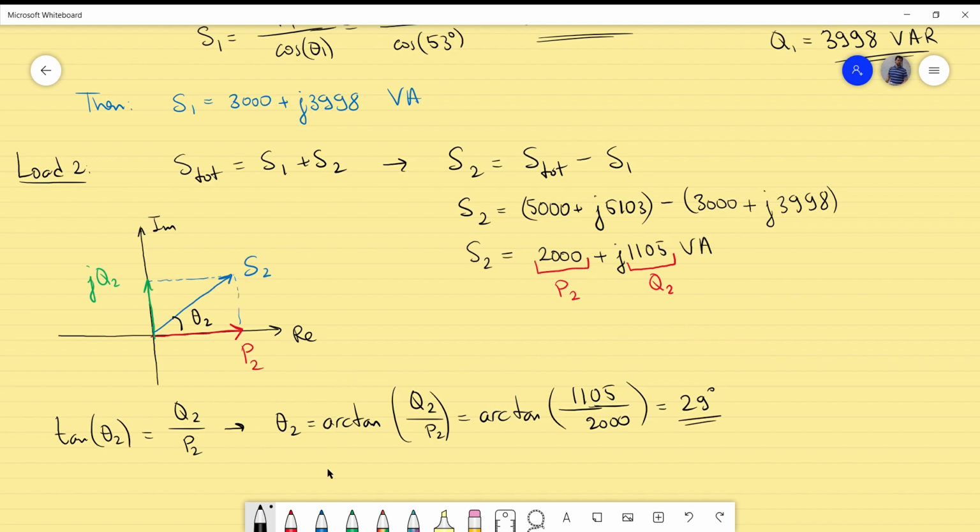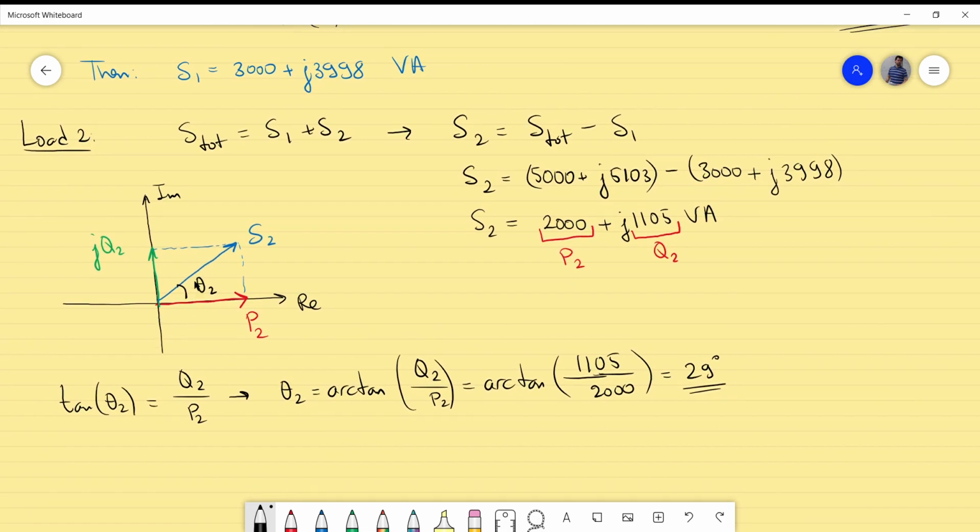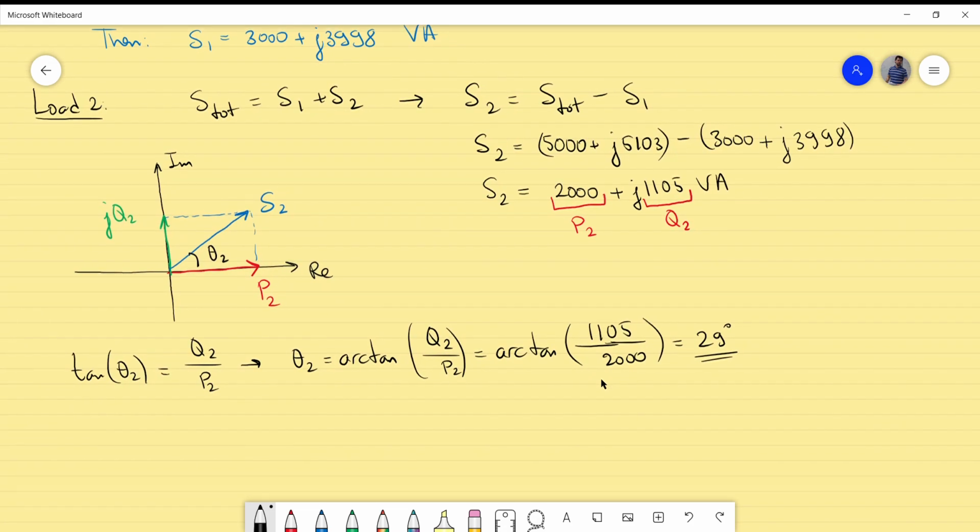Now comes the power factor itself. Because theta is positive, there is a positive phase, so we know it is lagging. So PF2 will be cosine of 29 degrees lagging.